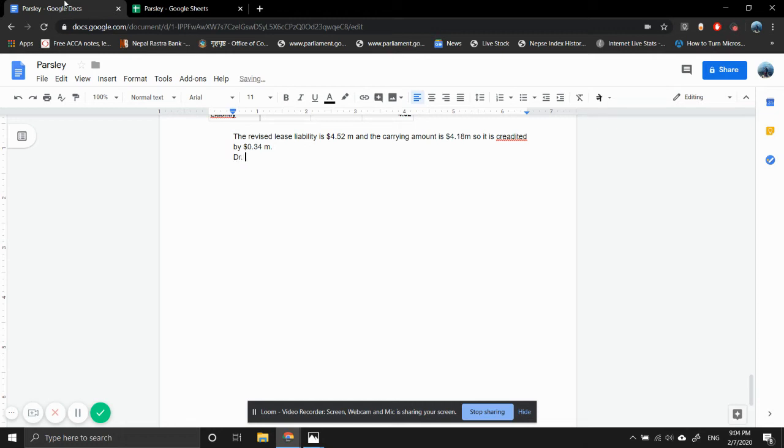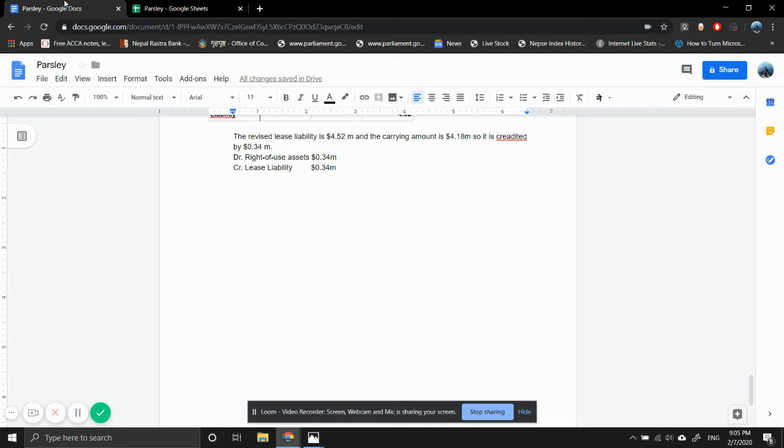Entry will be debit right of use assets 0.34 million, credit lease liability 0.34 million. Right? And what will happen after that?